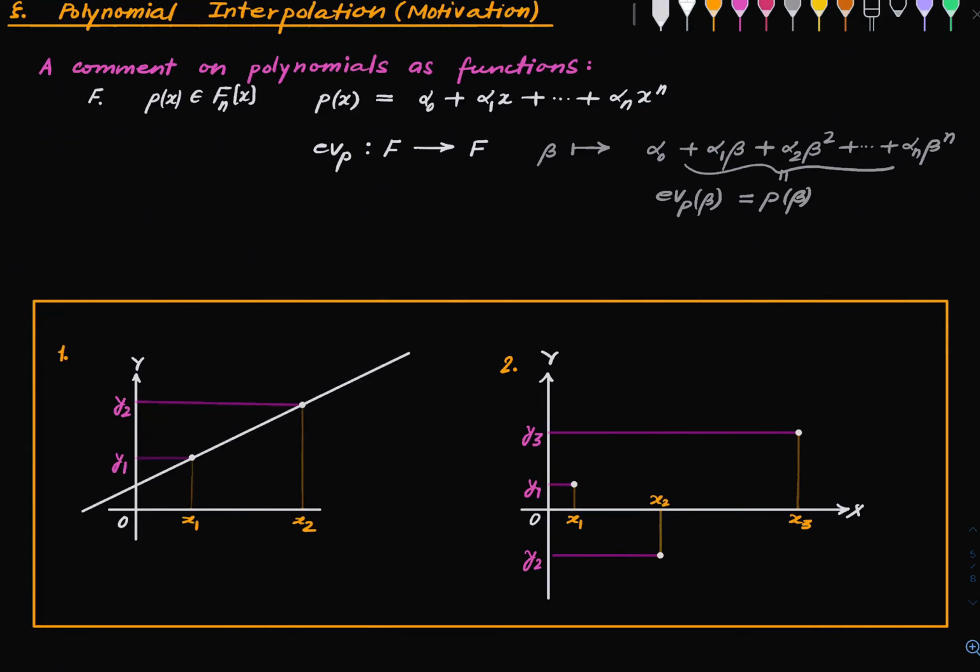What about the other situation? Here we have 3 points, 3 distinct inputs, and 3 outputs, not necessarily distinct, even though in the picture they look distinct. Again, we would like to find a polynomial that fits this data, and in general, one cannot necessarily do with just a degree 1 polynomial because these 3 points may not be on a line.